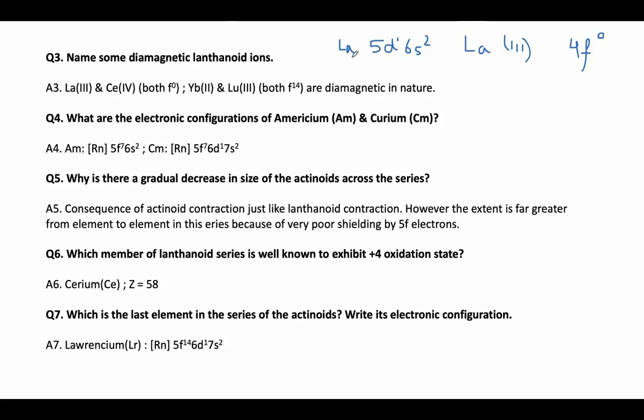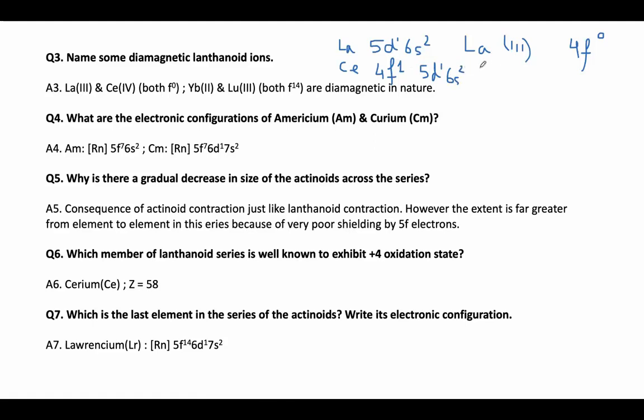But whenever we talk about lanthanum 3+, the electronic configuration will be 4f0, because all 3 electrons will be lost. Now we shall come to cerium. Cerium is just the next one in the group, after lanthanum. From cerium, the 4f electrons actually start filling.